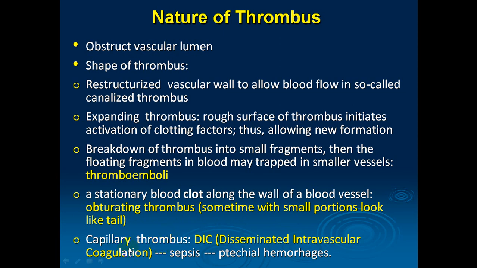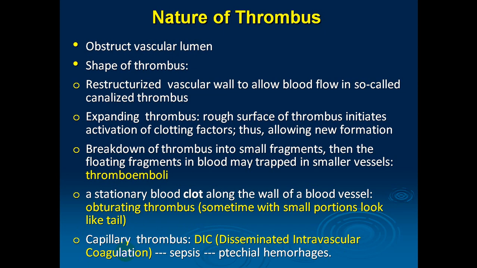And there is also thrombus in the small blood vessels, the capillaries, that is commonly found in the case of sepsis or systemic infections. Those thrombi refer to the condition we call DIC, disseminated intravascular coagulation. It means that there are multiple formations of thrombus due to multiple damage in the blood vessels.